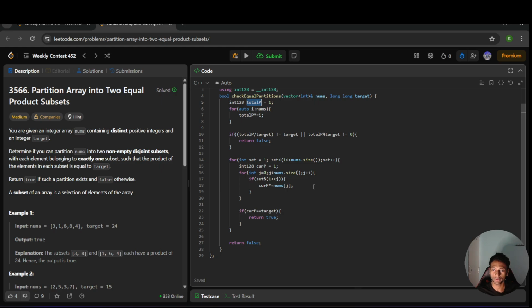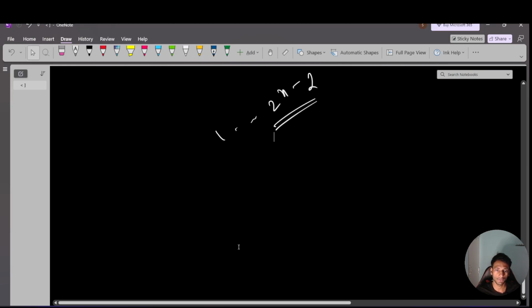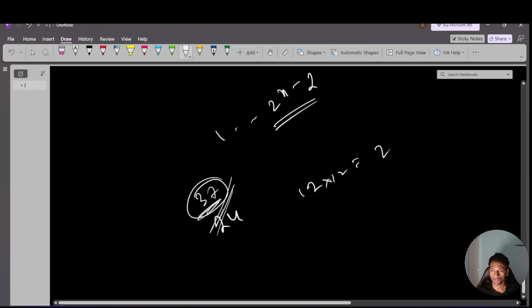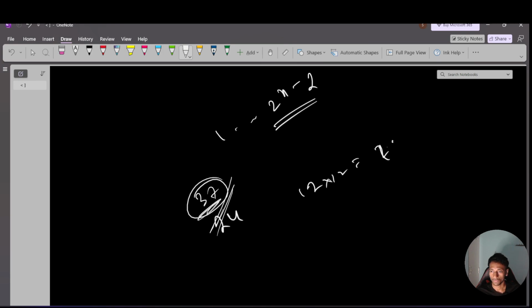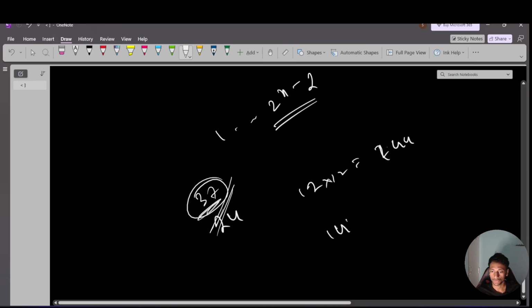So x into x should be equal to y. That's why if y by x is not equal to x, that means this is not possible, so I will return false. It must also be divisible. Suppose we have a total product of 145. Twelve into 12 is 144, but we have 145.